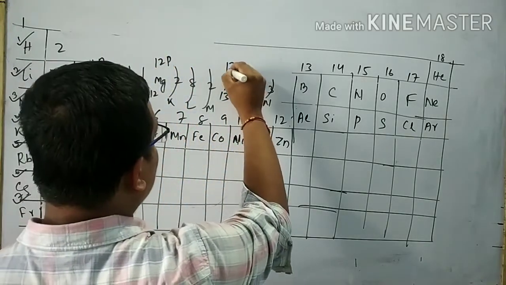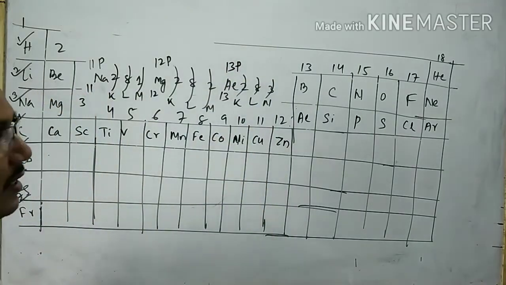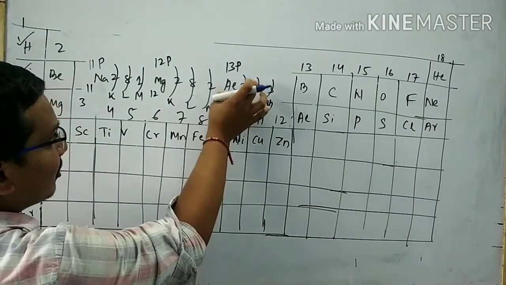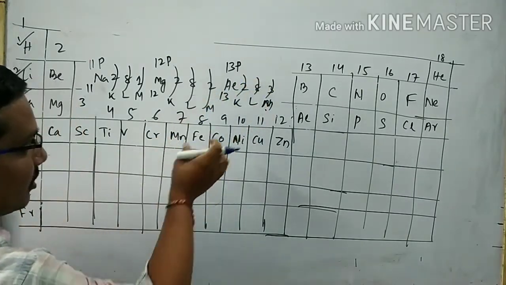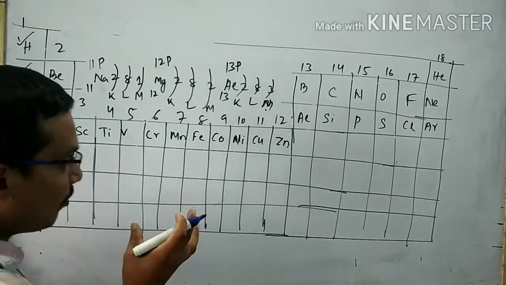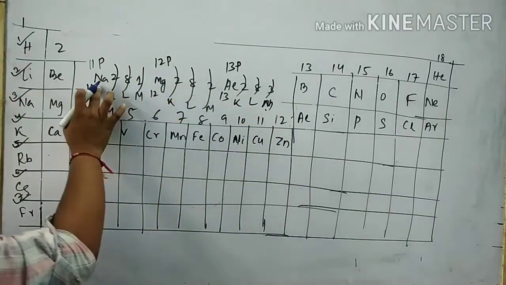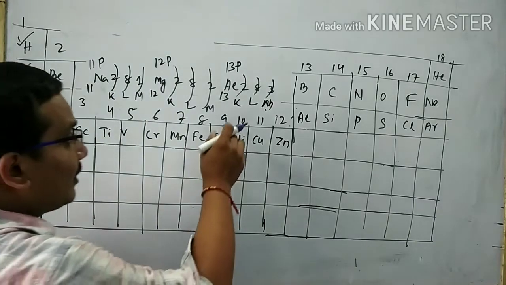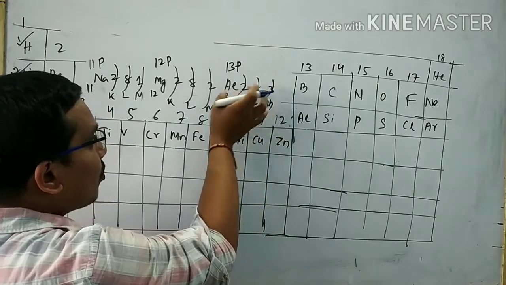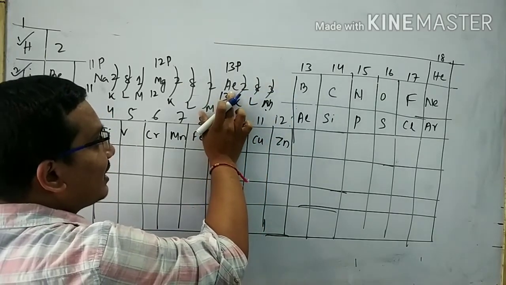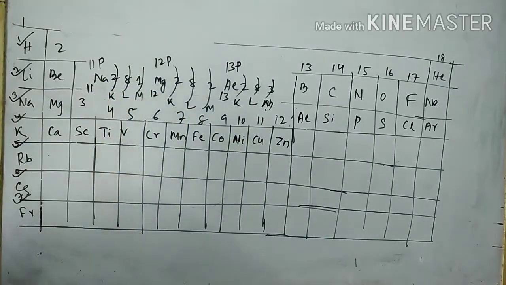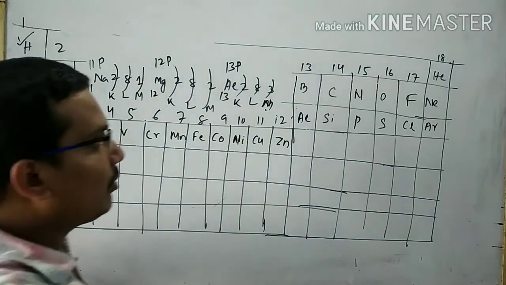In case of aluminium, 13 protons are present. Here the nuclear charge is maximum. As a result, the aluminium nucleus attracts the electrons present in the M shell more as compared to magnesium and sodium. As a result, the M shell is closer to the nucleus in aluminium as compared to magnesium, as compared to sodium.